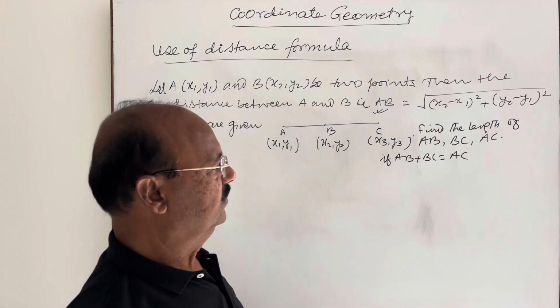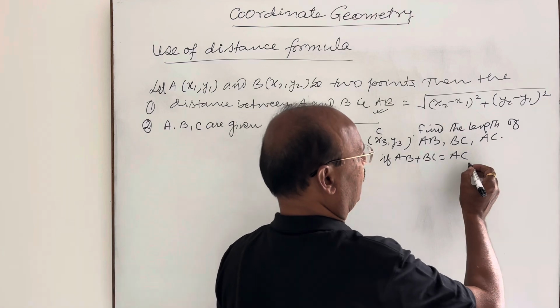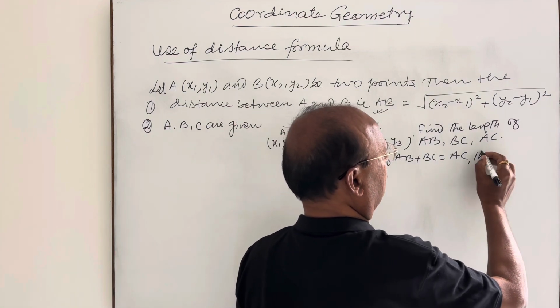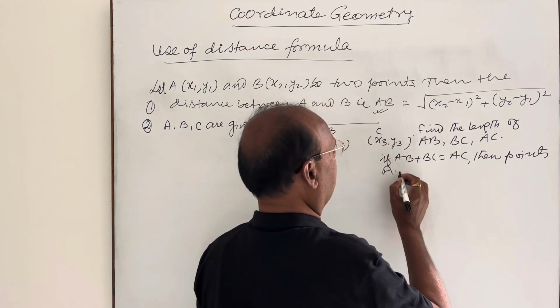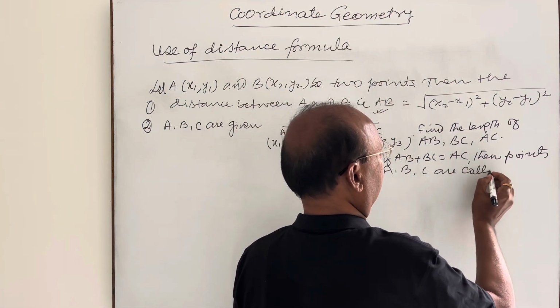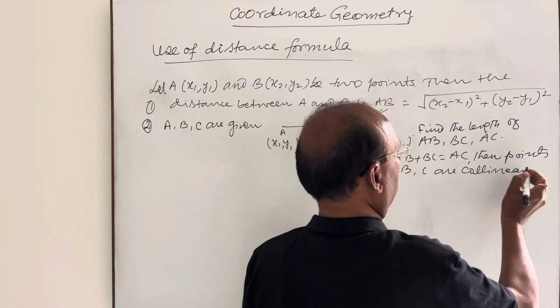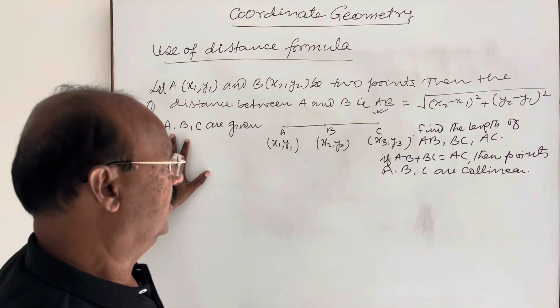So if AB plus BC is equal to AC, then we can conclude that points A, B and C are collinear. So this is the second use of the distance formula.